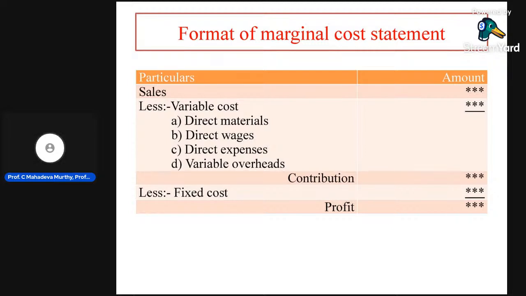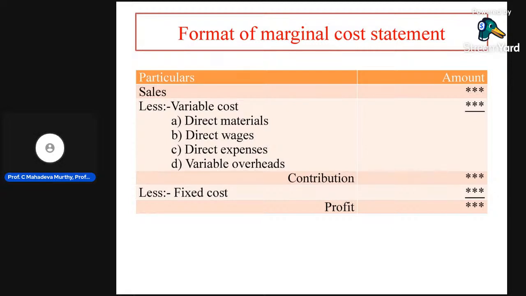Variable cost or marginal cost may be direct material, direct wages, direct expenses, variable overheads, etc. Sales minus variable cost or marginal cost is equal to contribution.